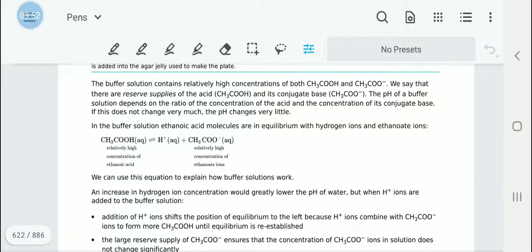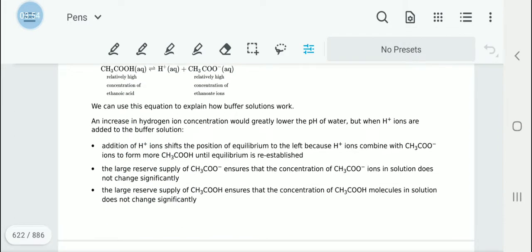If you add H plus ions, they would join together with CH3COO minus ions to form more CH3COOH until equilibrium is re-established, because the position of equilibrium shifts to the left as there is more H plus.